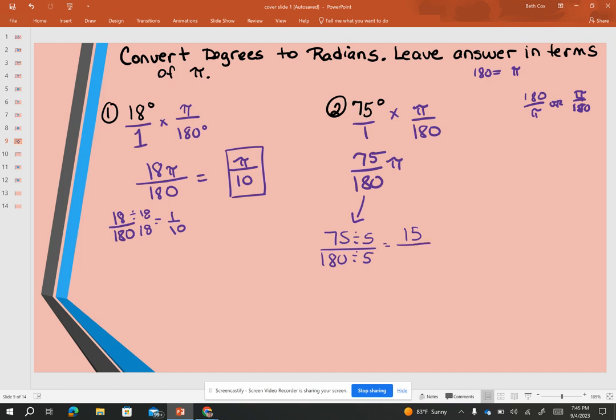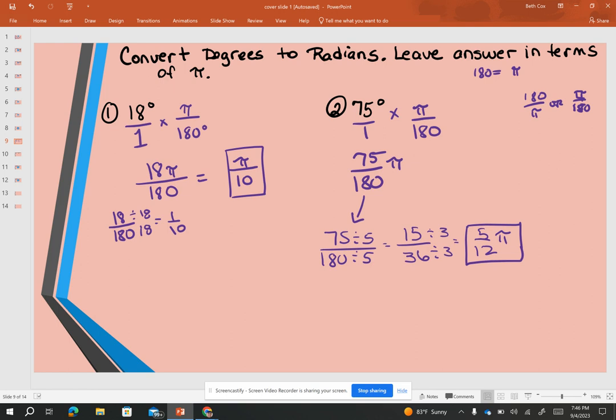And 180 divided by 5 is going to give me 36. All right, and then I can reduce by 3. So that would give me 5/12 pi. So that's going to be my radians for this one. It would be 5/12 pi.